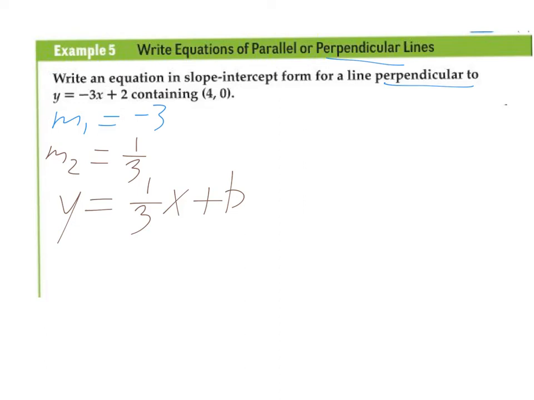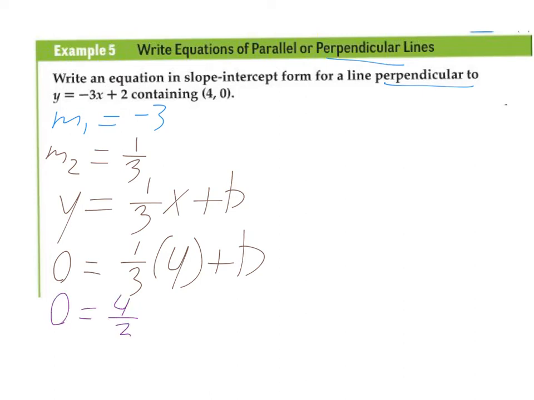So rewriting this equation, we have 0 is equal to 1/3 times 4 plus b, which, if we simplify it down a little bit, 0 is equal to 4/3 plus b, or put it a different way, -4/3 is equal to b.